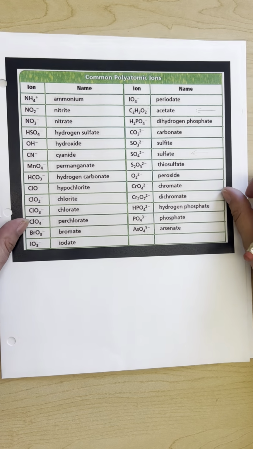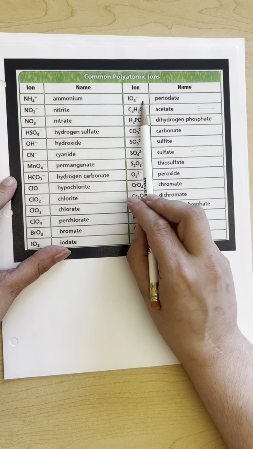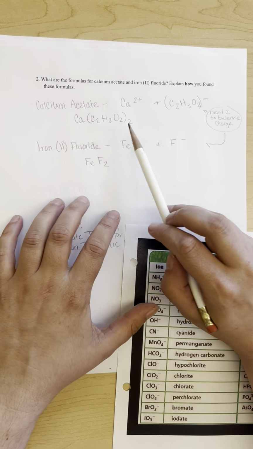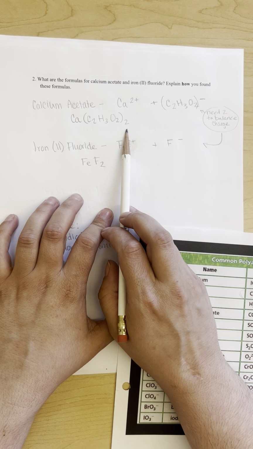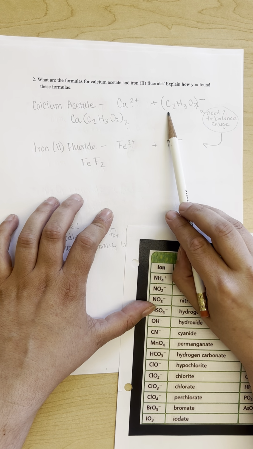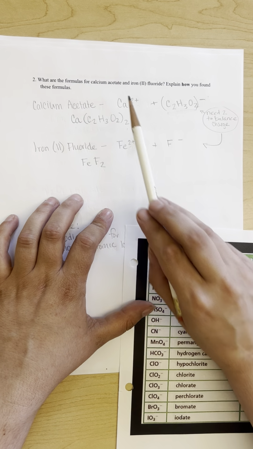And that's because we referenced this, and we see that in acetate, this is the ion for an acetate. So we're adding that here, and the reason we have 2 is because calcium has a 2+ charge, and our acetate here has a -1, so we need 2 of these to balance with that.